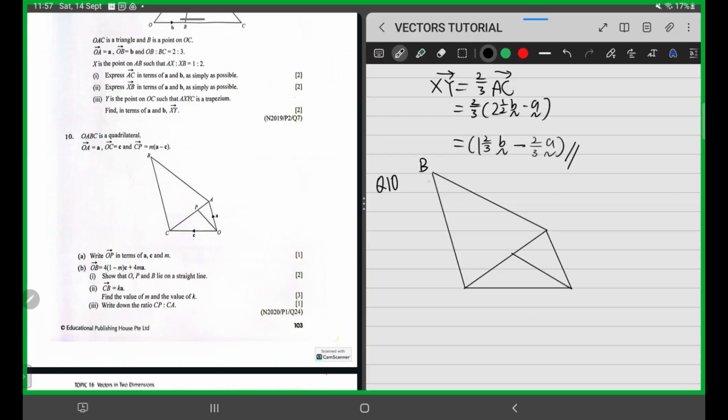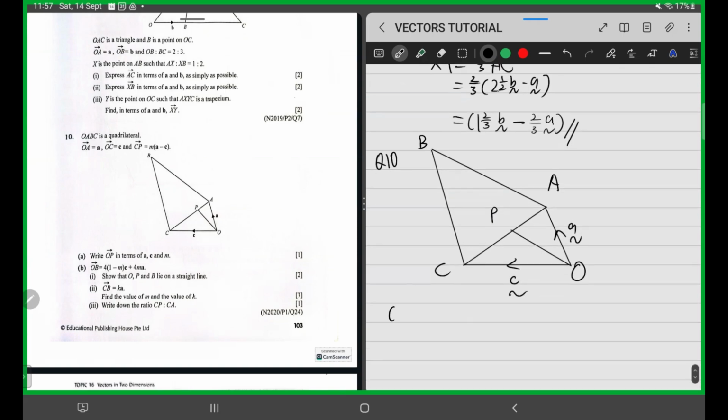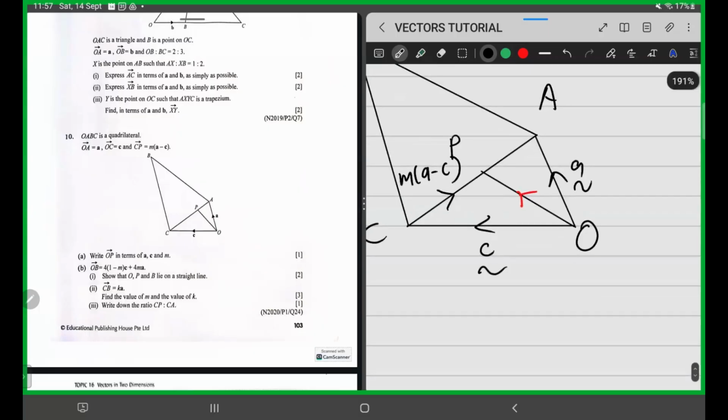Okay, so this is B, C, A. Here is P, here is O, here is A, here is C. Okay, so part A: find OP. CP, okay, wait, CP. C to P is M bracket A minus C. Write OP in terms of A, C, and M.